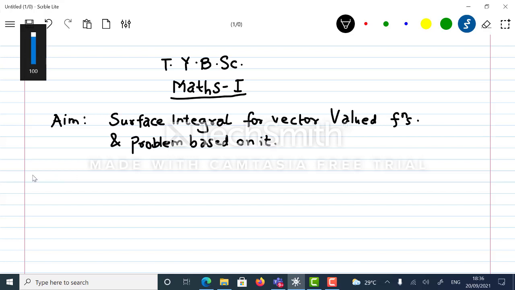So let me define surface integral for vector valued function.